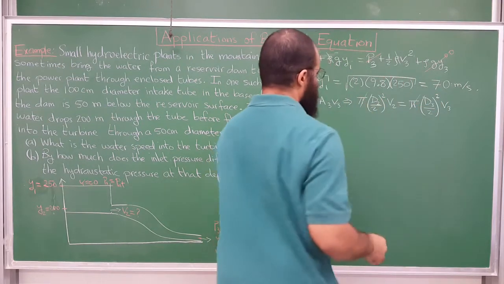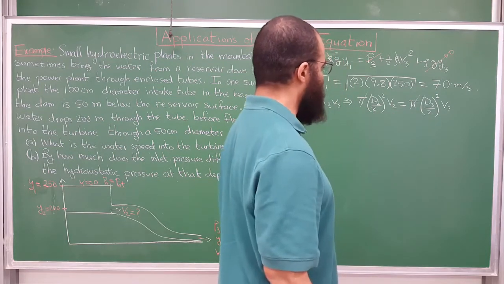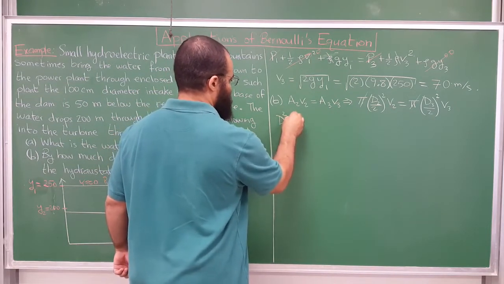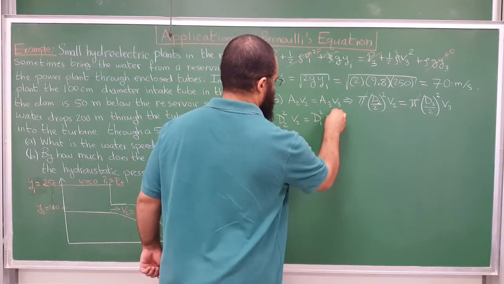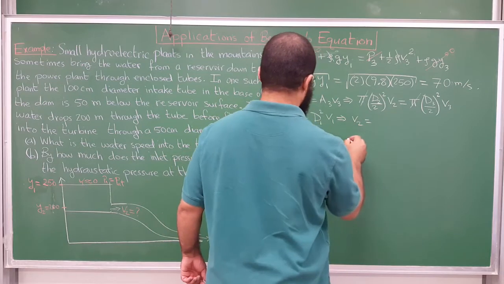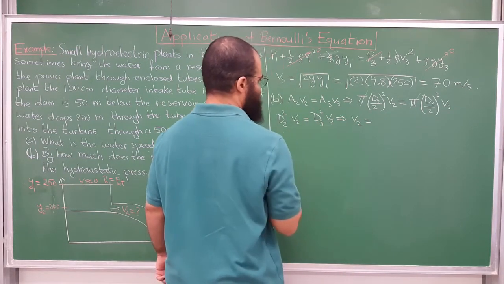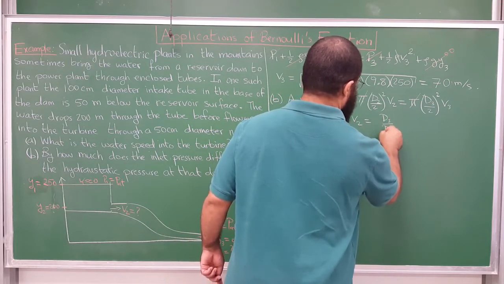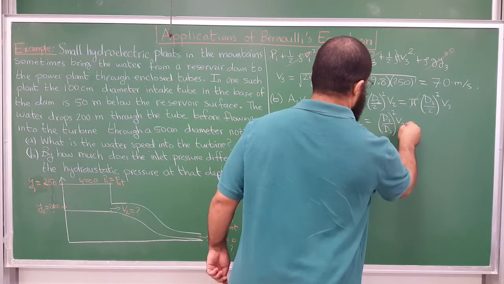Remember, the pi's cancel, and when you square the 2 on the bottom, it becomes a fourth on both sides, so you multiply by 4 and that goes away. And so you end up with diameter 2 squared V2 will equal diameter 3 squared V3, and therefore V2 will be diameter 3 over diameter 2, squared, times V3.